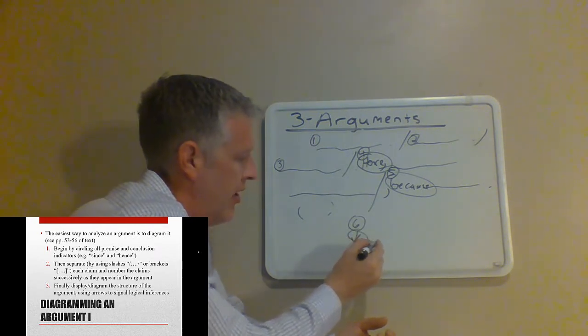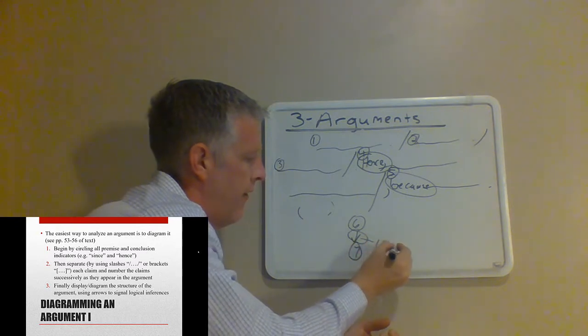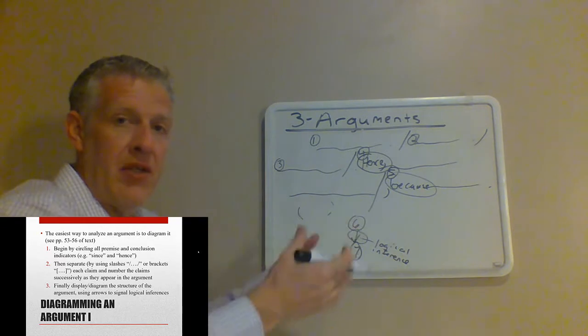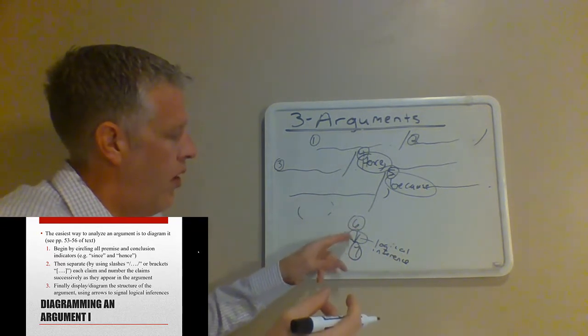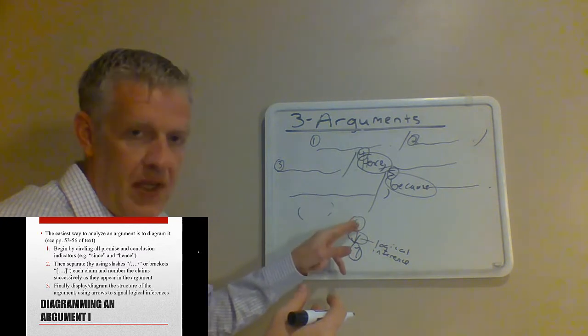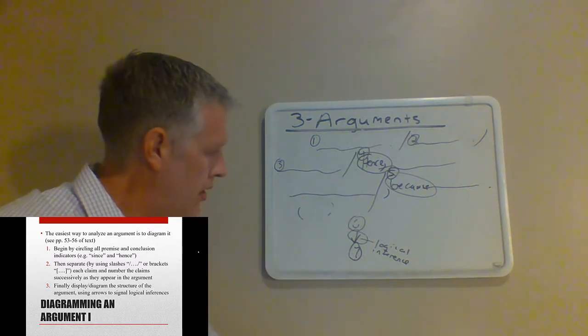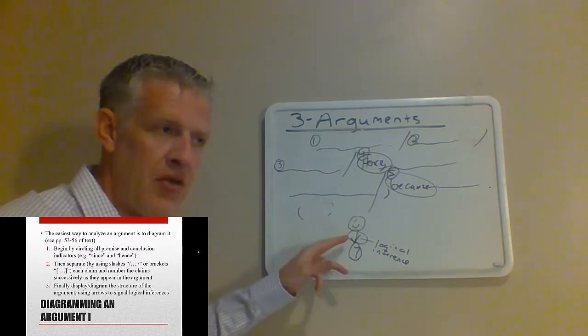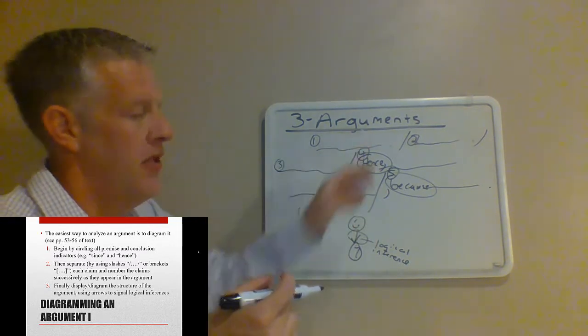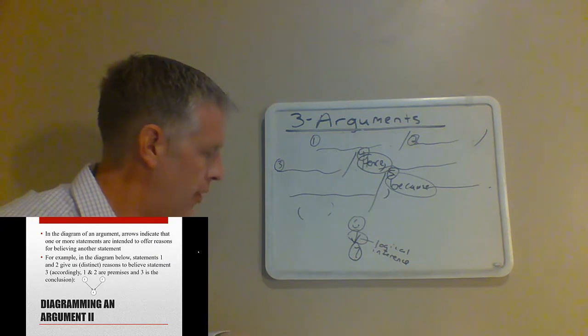So the arrow indicates logical inference, or another way to think about it is that it signals that whoever is presenting this wants us to believe 7 on the basis of 6. So you need those arrows to indicate where the logical inference is amongst these different numbered claims.